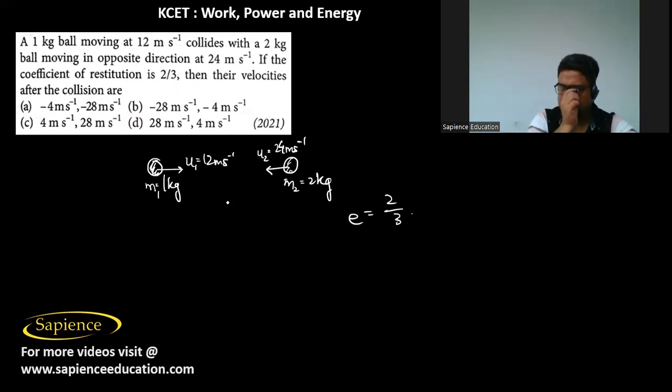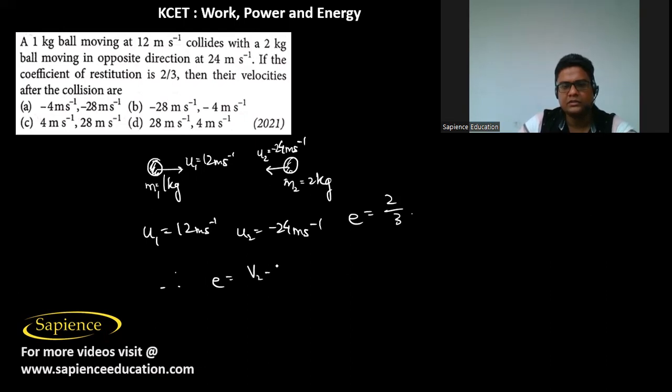So we know that, so here actually we can say that u1 is plus 12 meter per second, and u2 we can say this is minus 24 meter per second, since it is in the opposite direction. So therefore e is equal to v2 minus v1 by u1 minus u2. That's why u1 should obviously be more than u2.